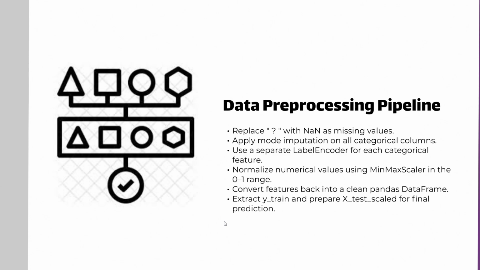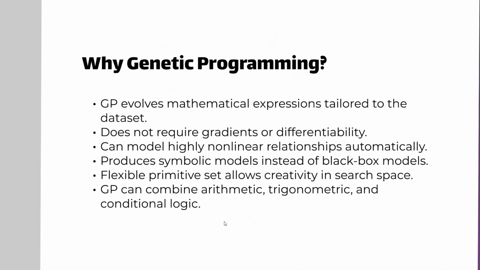Why genetic programming? We selected genetic programming because of its unique capability to automatically discover mathematical relationships in the data. GP evolves trees that represent symbolic expressions, allowing it to learn complex decision boundaries without any manual feature engineering. Unlike traditional machine learning methods, genetic programming does not rely on gradient descent or convex optimization.